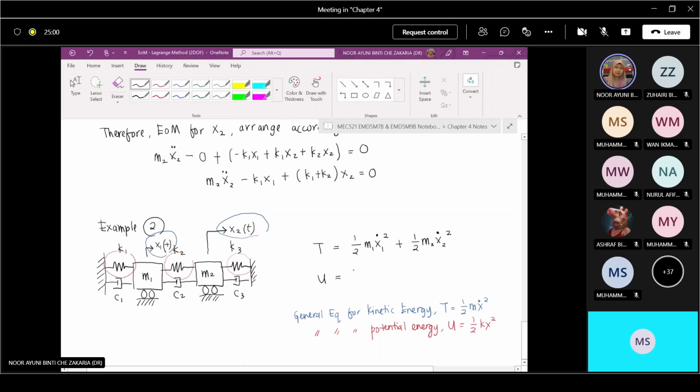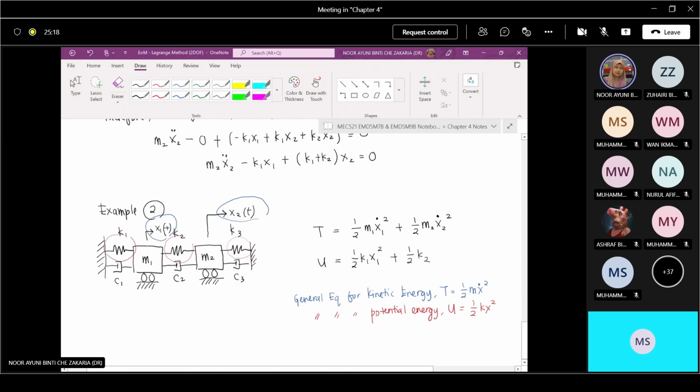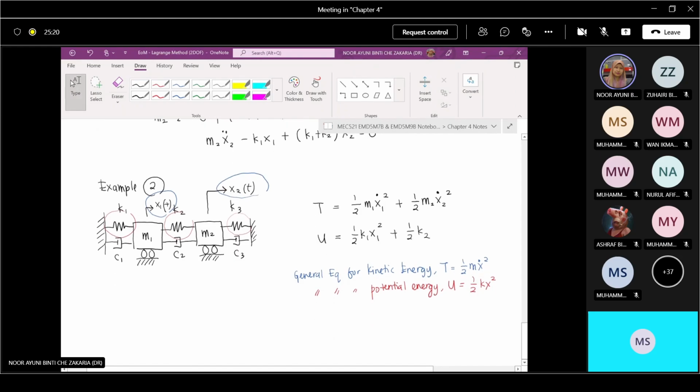First, this is K1 with X1, so it relates to X1 squared. The second one is 1/2 K2. And K2 is an action and reaction force.